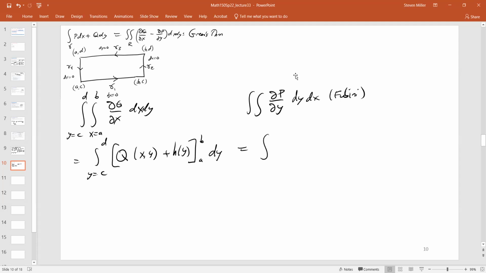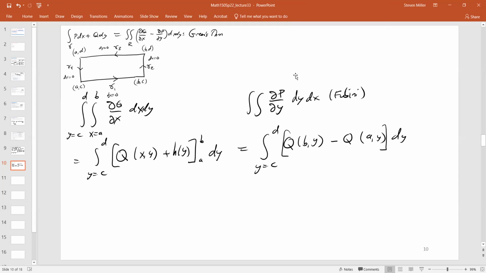So this is just going to be the integral y goes from c to d, and I'll get q of b y minus q of a y dy. Okay.